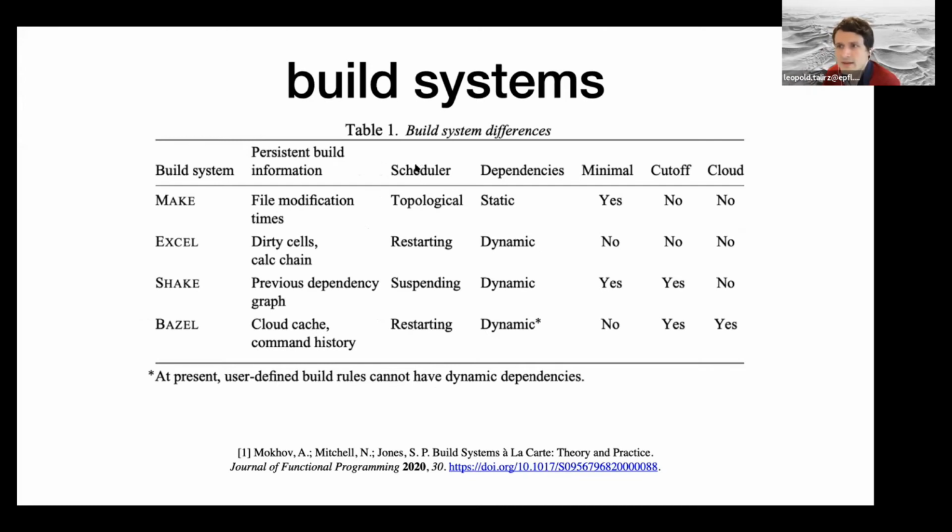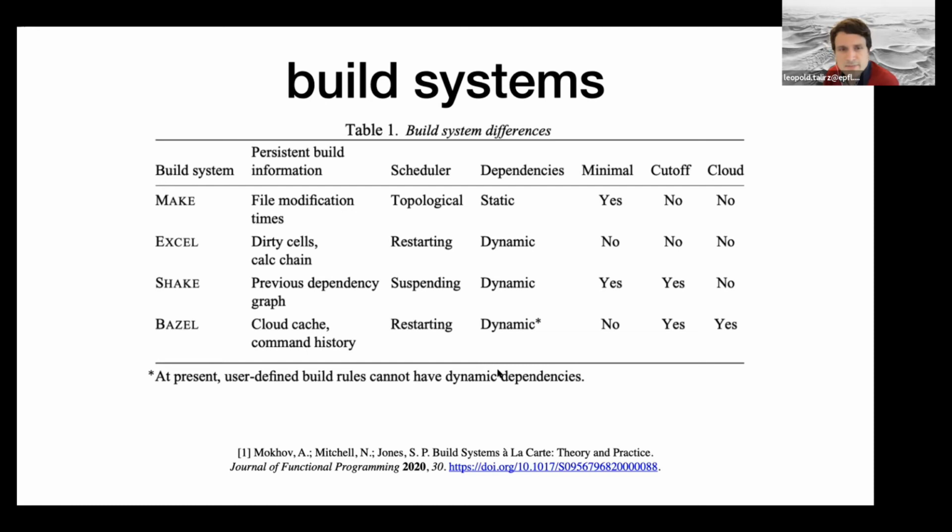Then you can differentiate them by whether they support the creation of dynamic dependencies, how they schedule the dependent tasks that you give to the system, whether they are minimal, meaning it is guaranteed that in a given execution no task is run twice, and whether they realize when an intermediate output is unchanged and therefore all of the dependent outputs are also unchanged and don't need to be rebuilt. And then finally, whether they are integrated with some cache in the cloud.